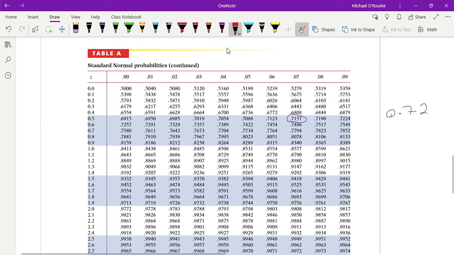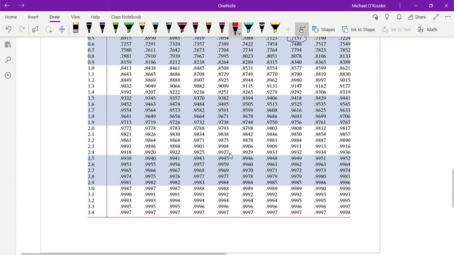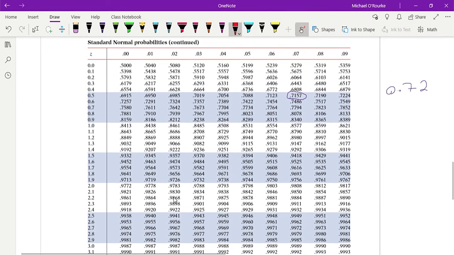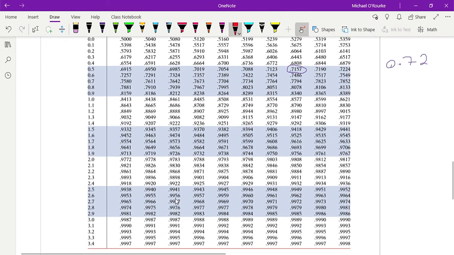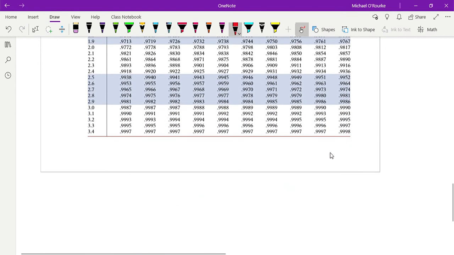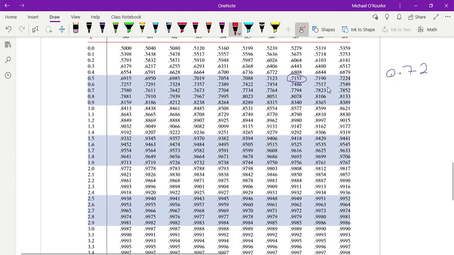And then our next number is 3.51. Oh, 3.51 is above 3.4, so it's 100%. Does that make sense? Since my highest number I can go is 3.4, essentially it's 100. So my other number is 100.